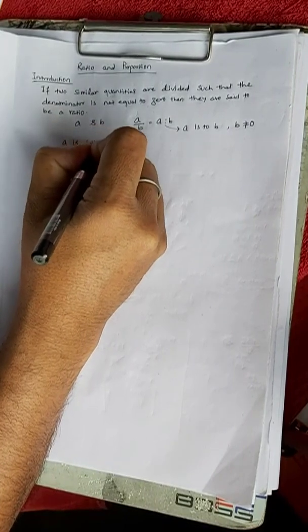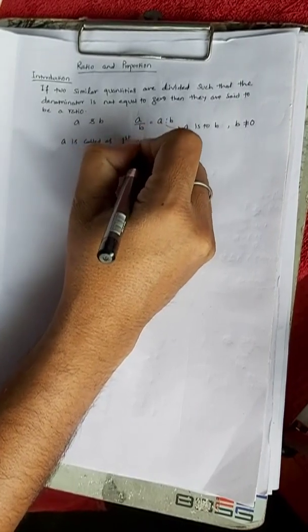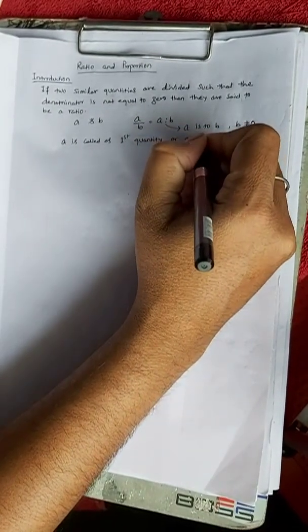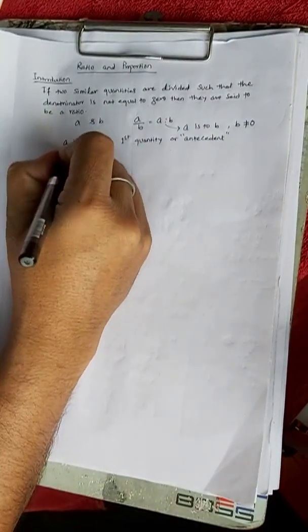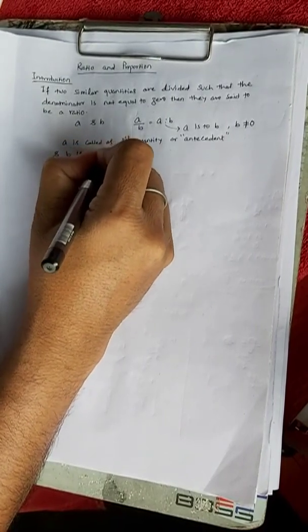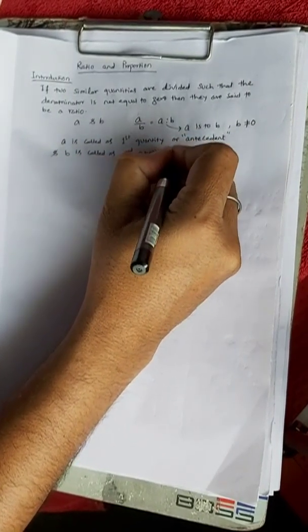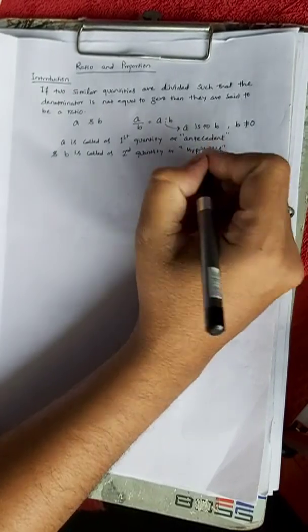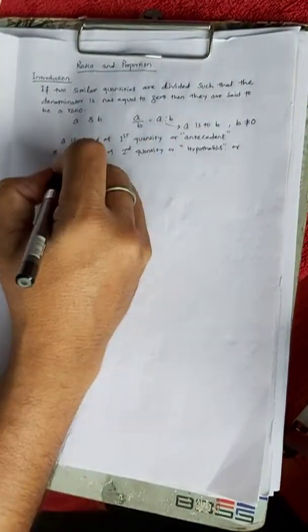So here the first term, the term in the numerator, that is A, is called the first quantity or antecedent, and B is called the second quantity or hypothesis, or consequent also we can say.